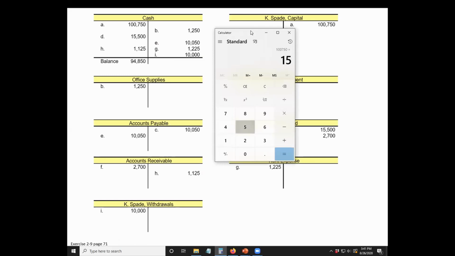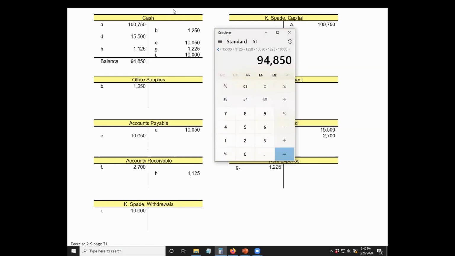So we had our initial, and that was what we had paid in, $117,375, and then we paid out cash for various things. Okay. So then our balance would be $94,850.